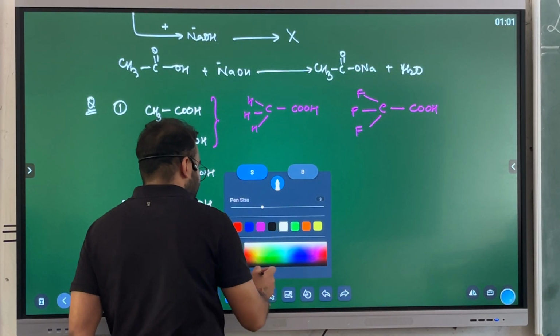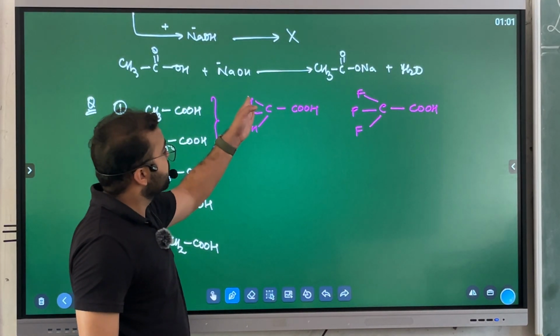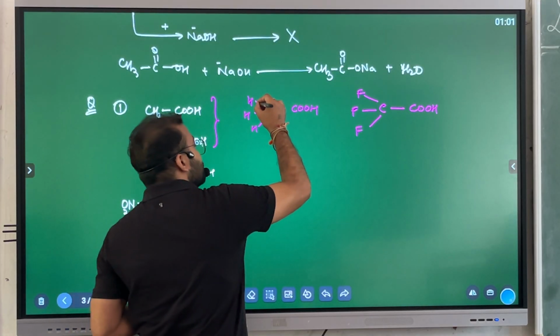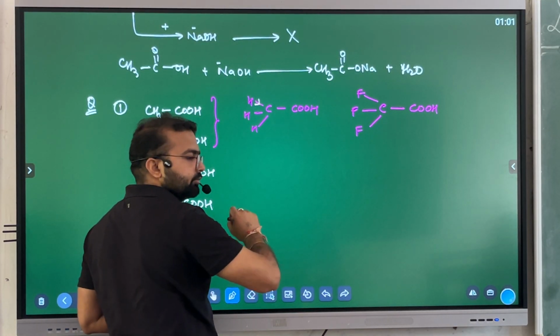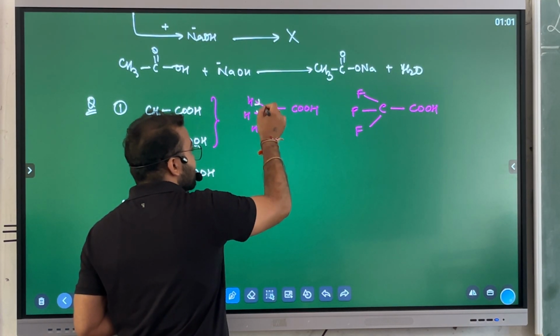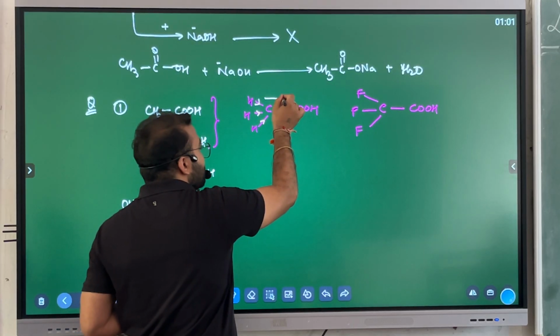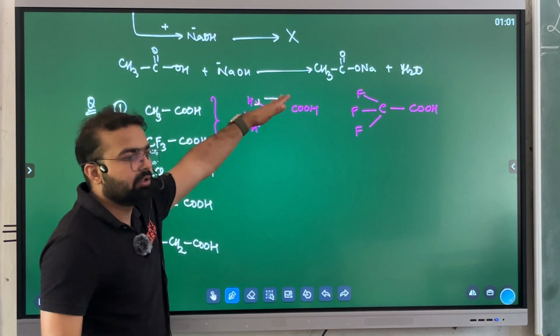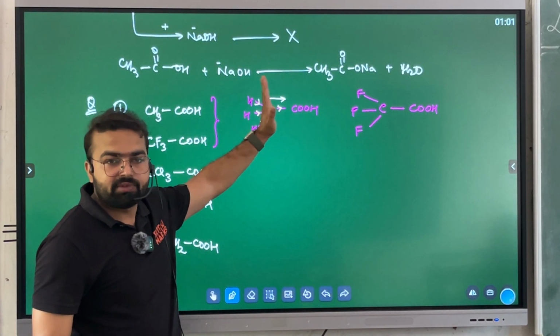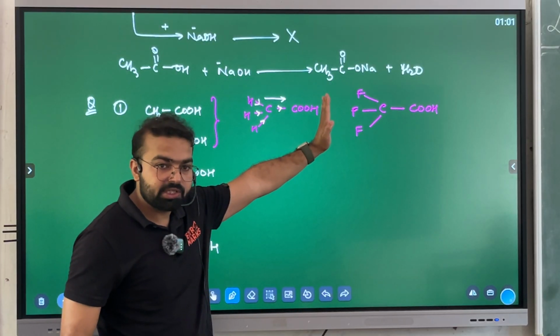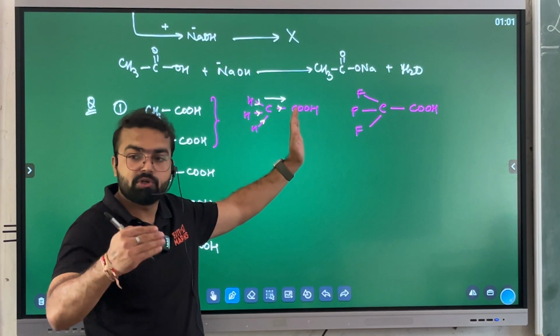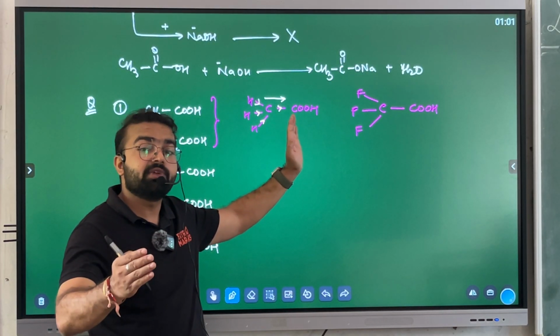If you look properly, hydrogen has a nature to give electron to the carbon. So the flow of electron will ultimately be toward COOH. If the flow is toward COOH, then instead of releasing H positive easier, OH will be released easier.